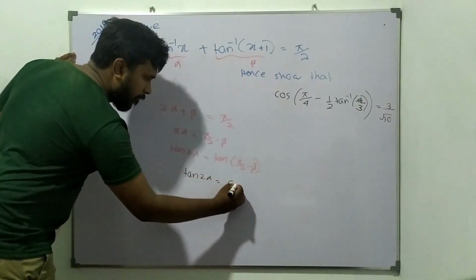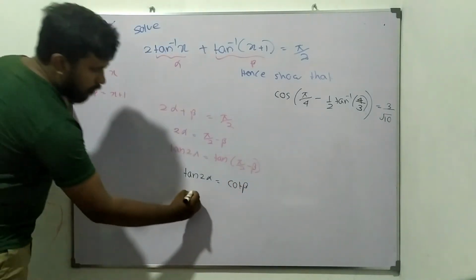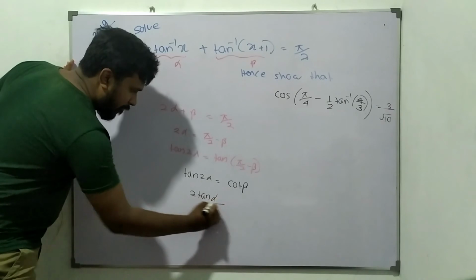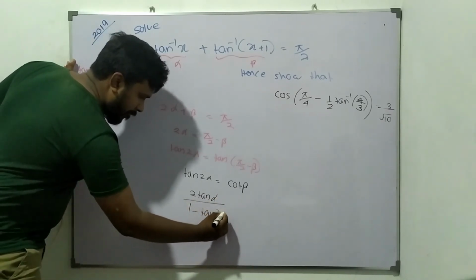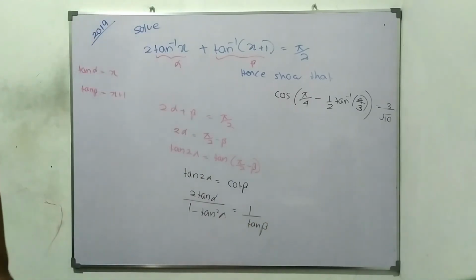Tan 2 alpha means 2 tan alpha over 1 minus tan squared alpha. So you can simplify, substitute the values. So then the solution of x will come.